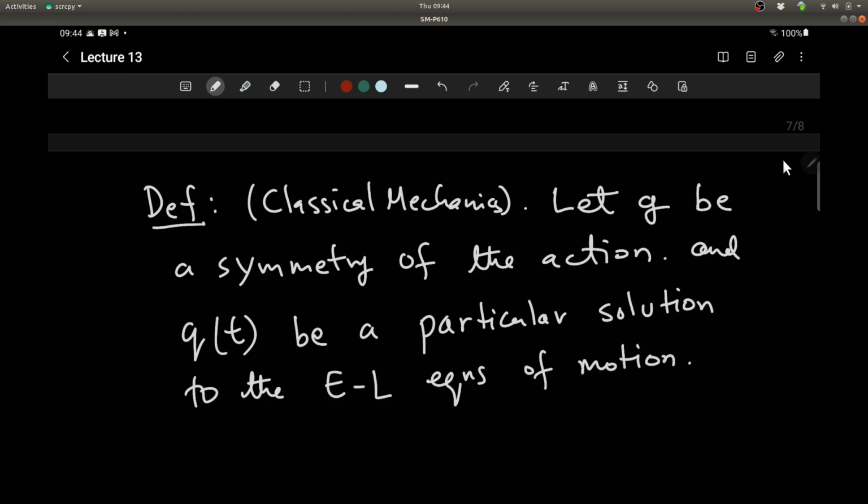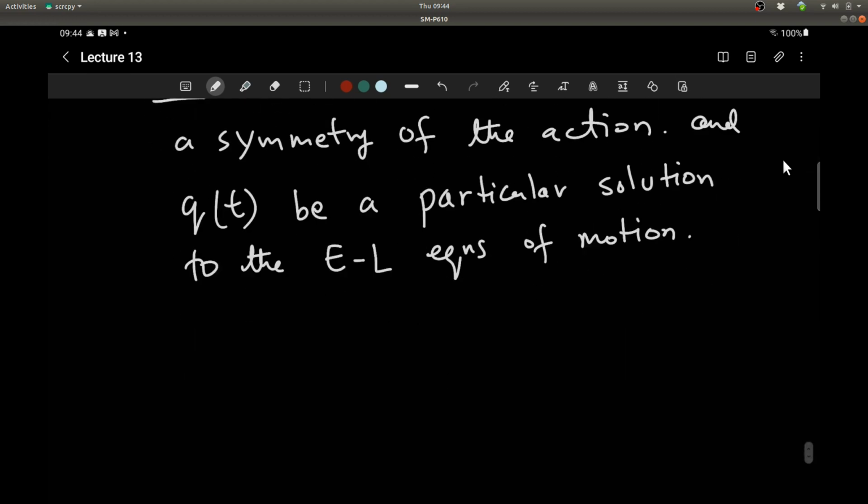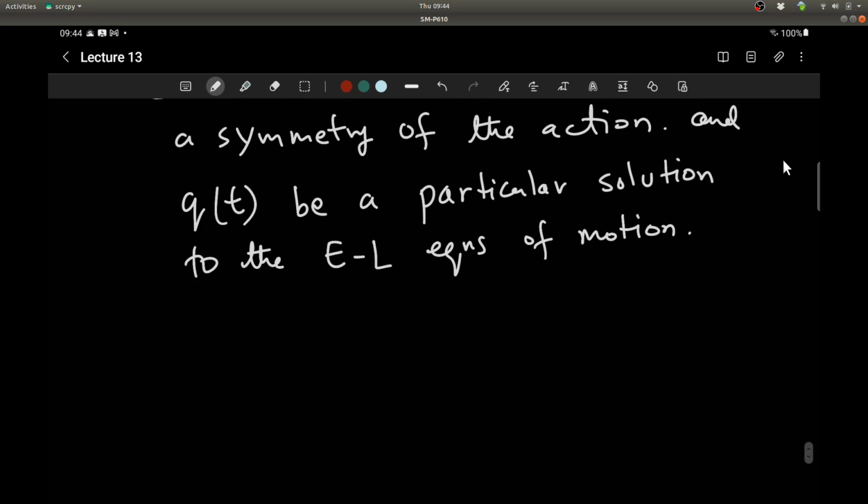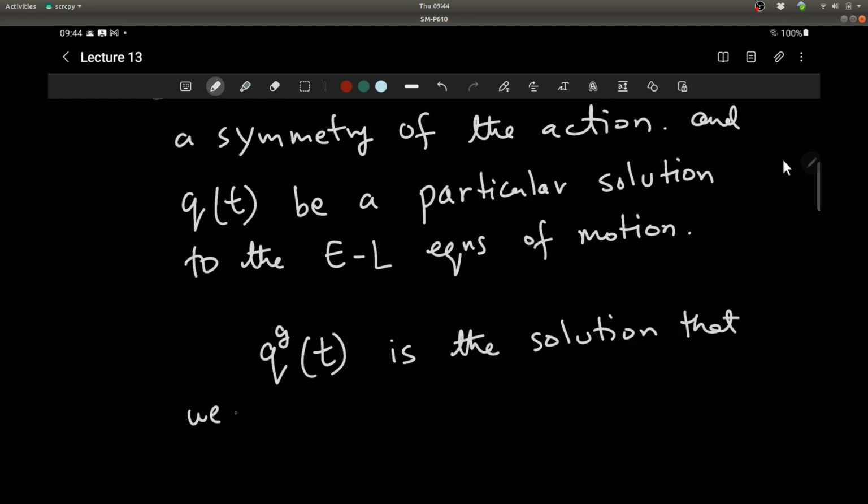Is the setup clear? So G is some group element. Let's assume it is discrete for simplicity, but it doesn't matter. And let's write Qg of t as the solution that we get when G acts on the solution.